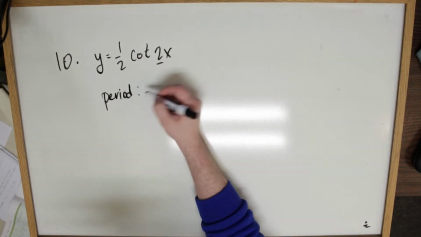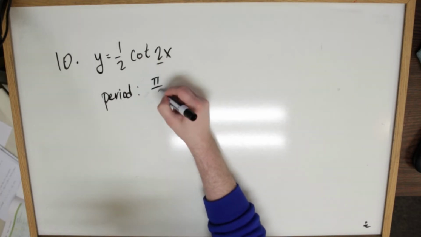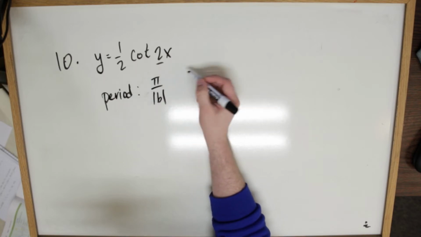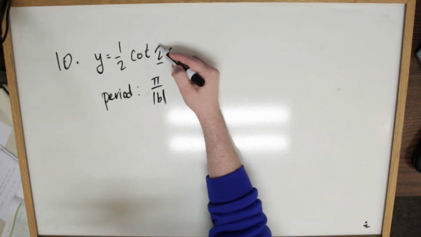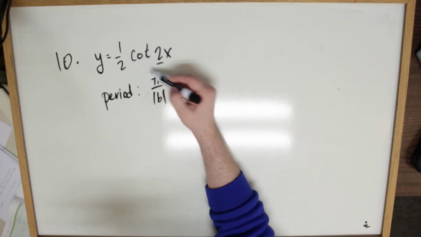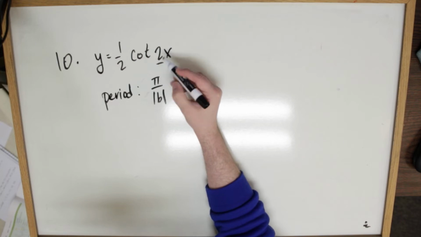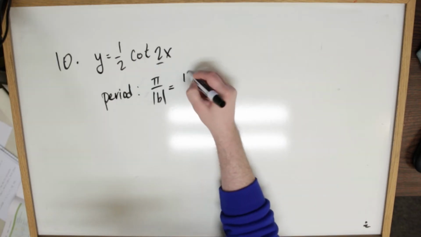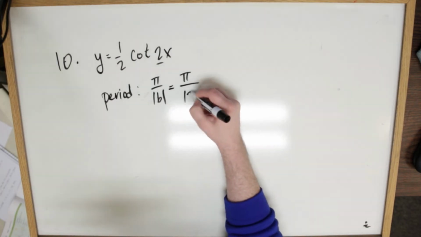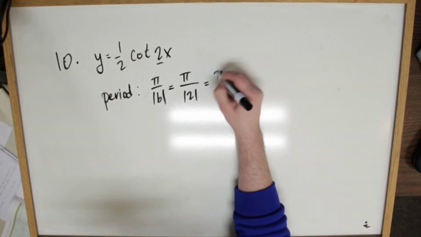The period is going to be based upon pi over absolute b, where this is b. Because this is cotangent, we're using pi and not 2 pi. So the period is going to be pi over absolute value of 2, which is just pi over 2.